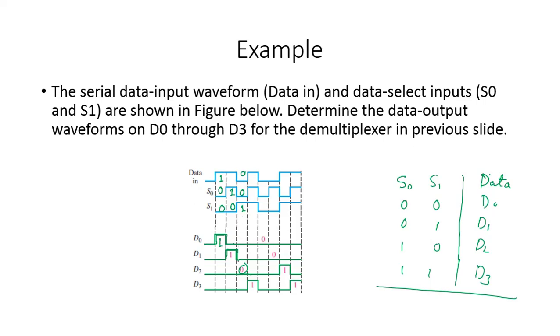So this will be passed through D2. Similarly for 1 1, data at D3 will be connected, which is 1. Similarly you can draw the waveforms and it will look like the one shown here.